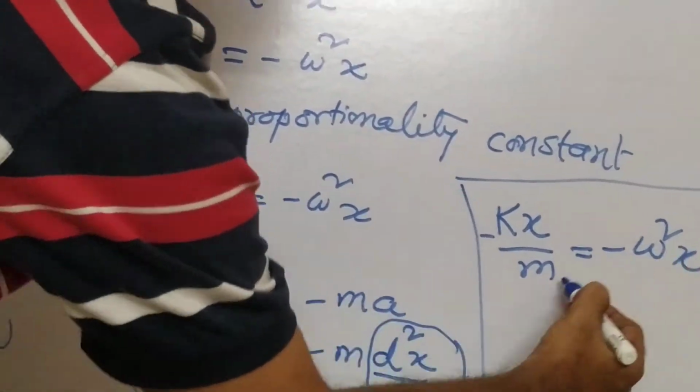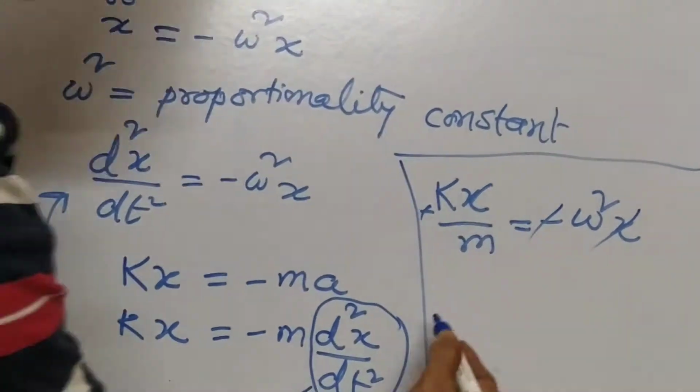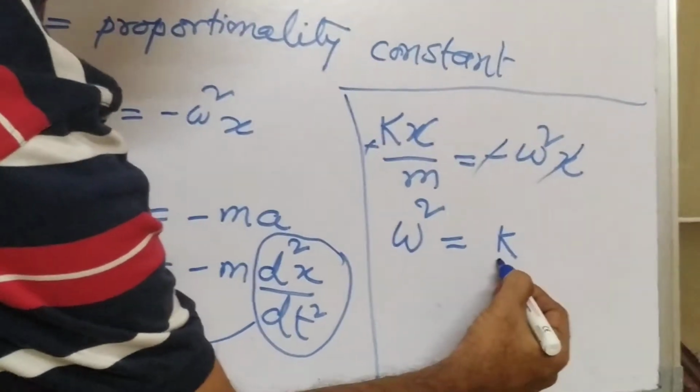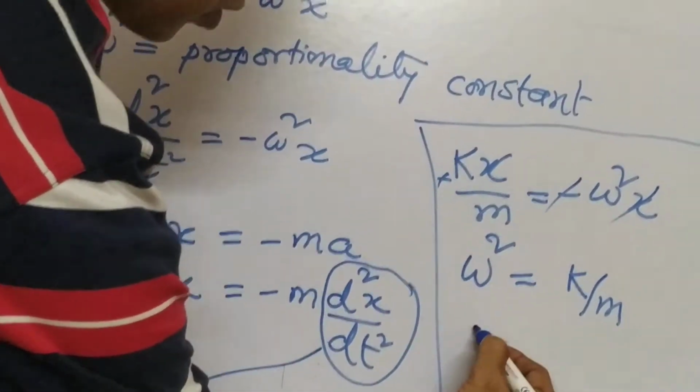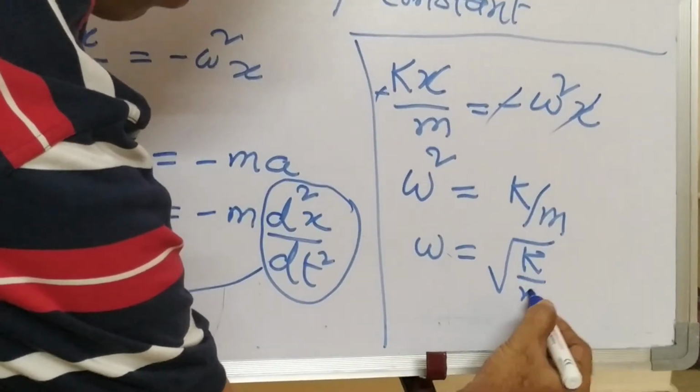So this x gets cancelled and the negative sign will go away. This omega square is equal to k by m. So omega is equal to square root of k by m.